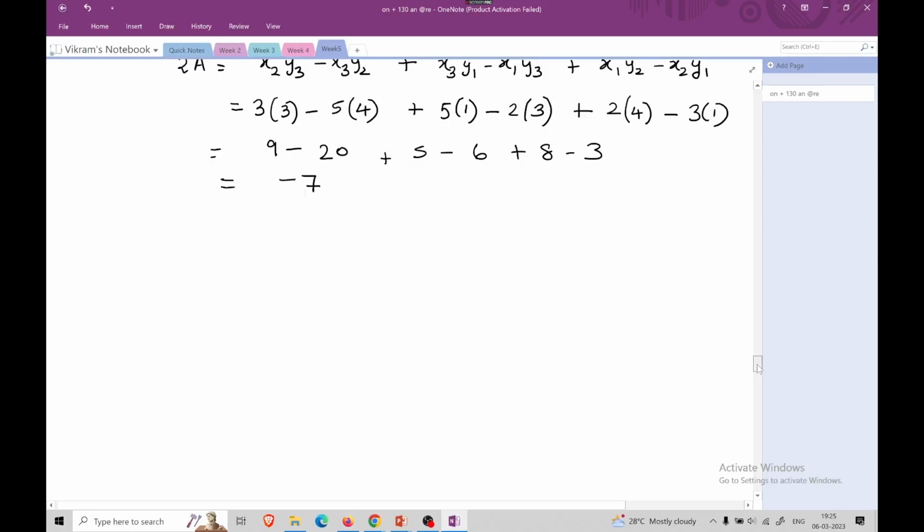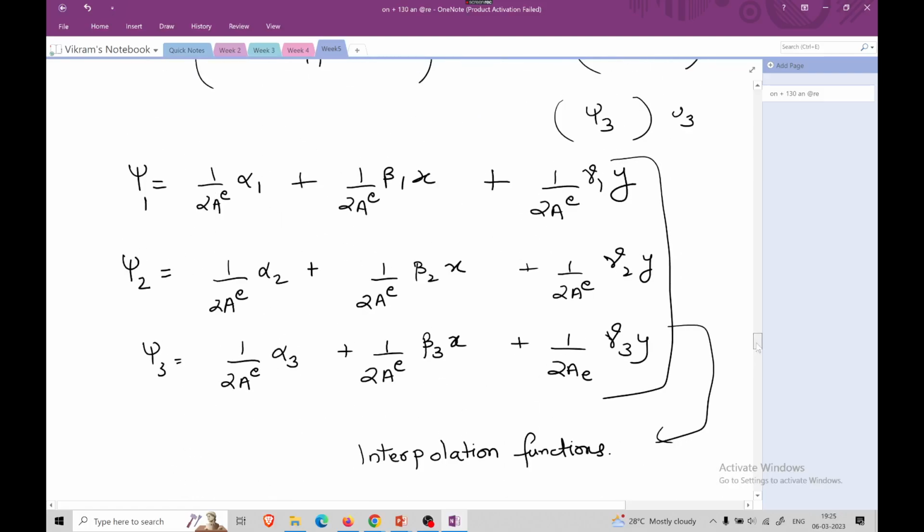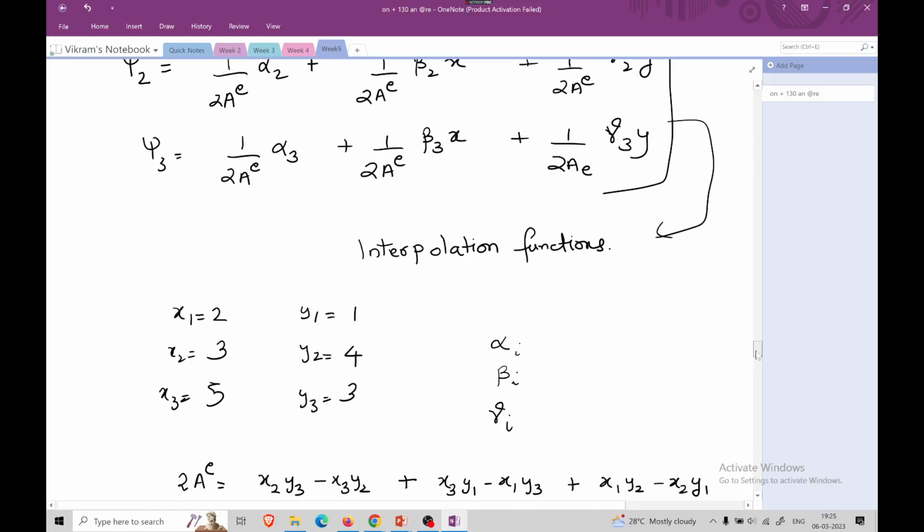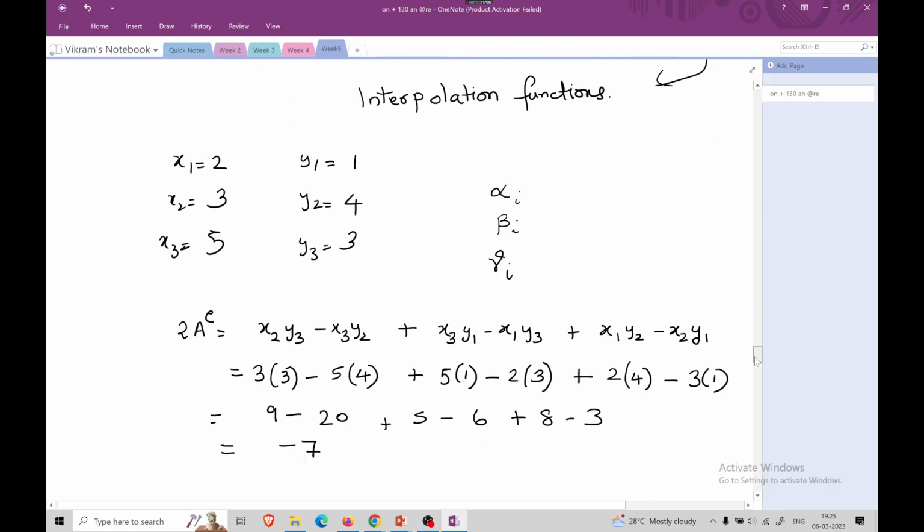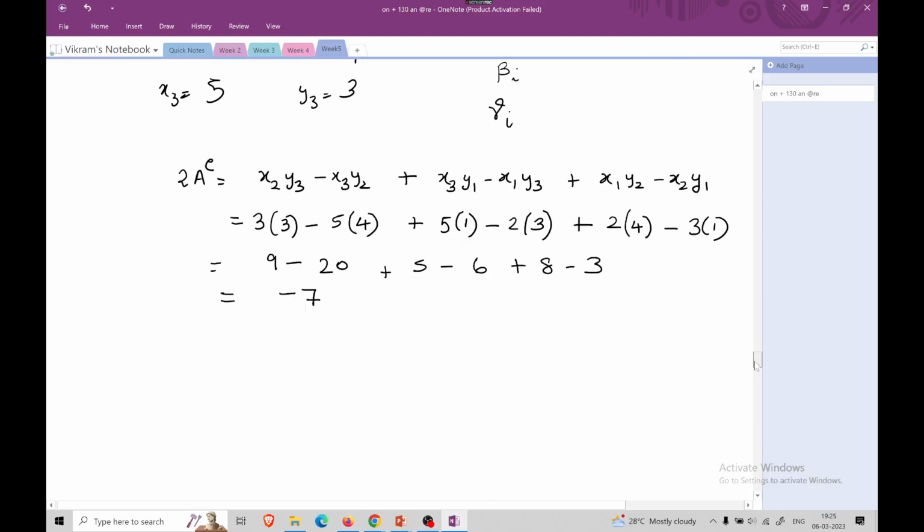Now what is alpha 1, beta 1, gamma 1? Okay, so alpha 1 is x2 y3 minus x3 y2. So this will be minus 11.